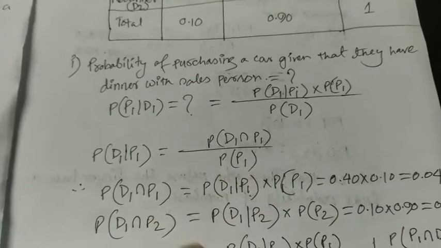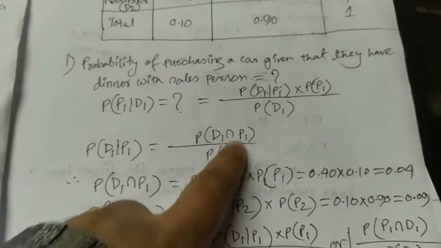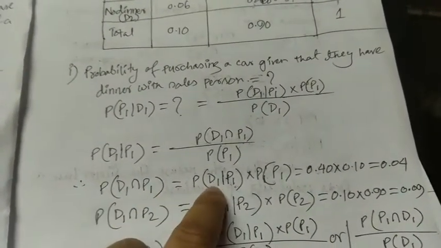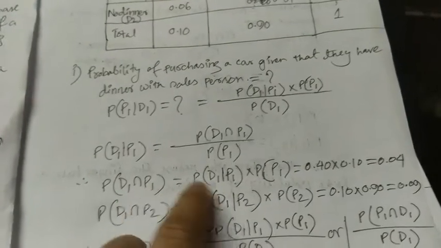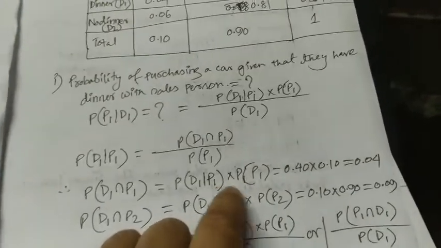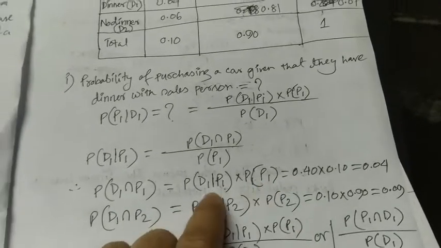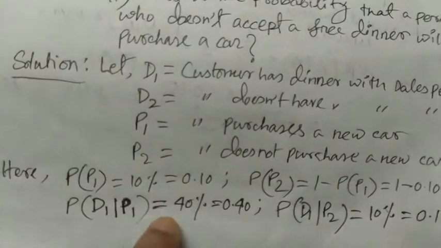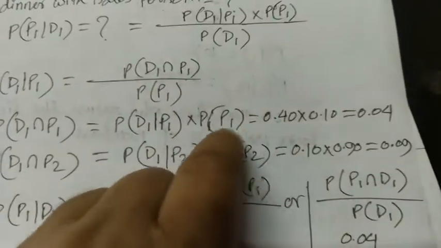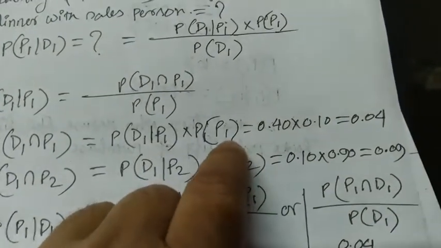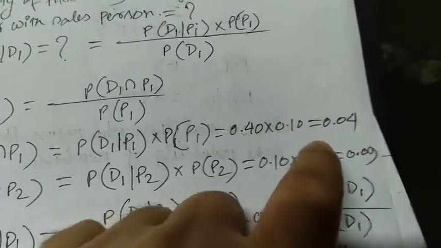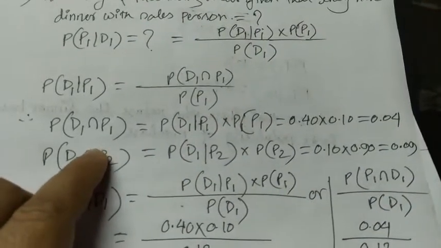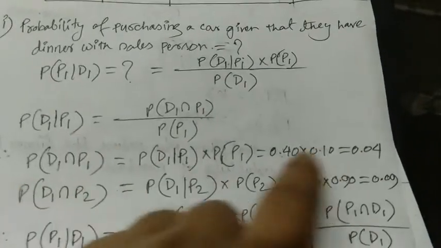So probability of D1 intersection P1 can be written as probability of D1 given P1 multiplied by the given part, that means probability of P1. Probability of D1 given P1 is 0.40 and probability of P1 is 10%, which is 0.10. If you multiply, you get 0.04. So this is probability of D1 intersection P1, that means 0.04.